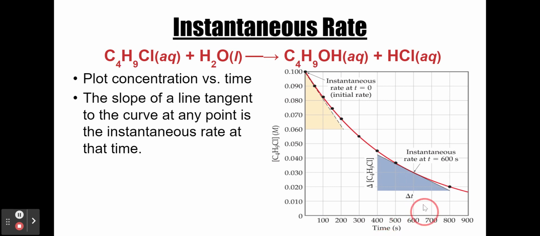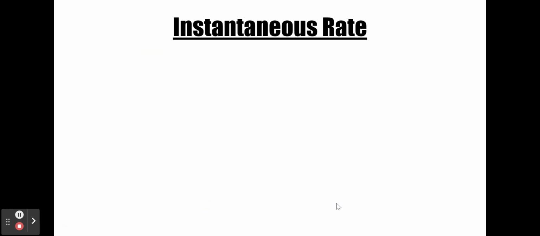If we wanted to know at 600 seconds, we draw a tangent line touching at that point and draw our triangle.